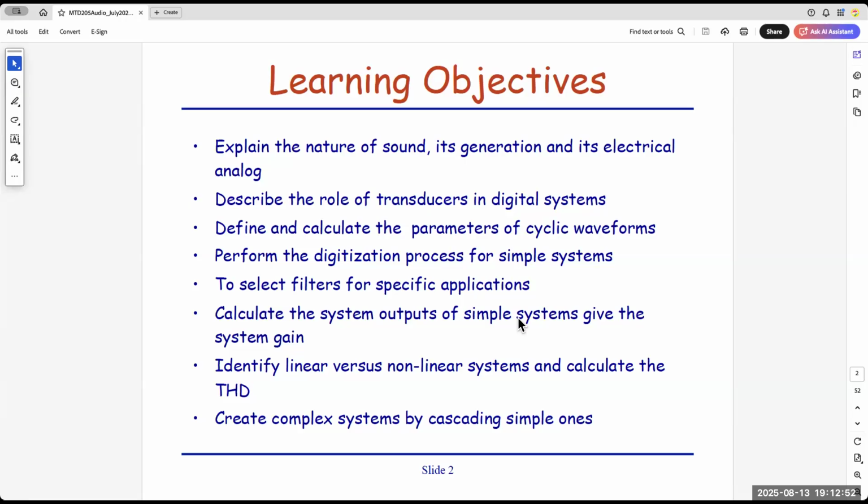So this course is about how we manipulate sound using technology. But before that, we need to know how sound is generated before we can manipulate it.